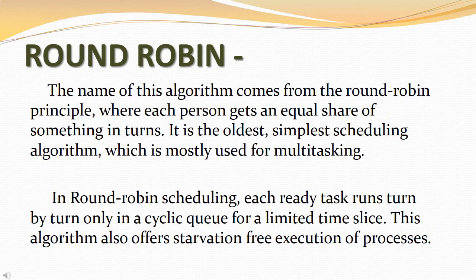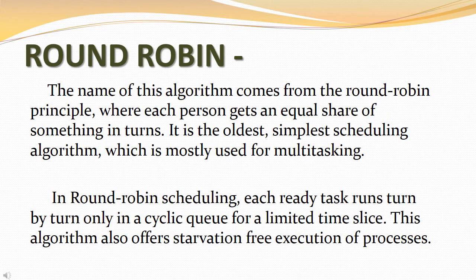Now, as a definition, what is this round robin CPU scheduling algorithm? The name of this algorithm comes from the round robin principle, where each person gets an equal share of something in turns. It is the oldest, simplest scheduling algorithm, which is mostly used for multitasking.